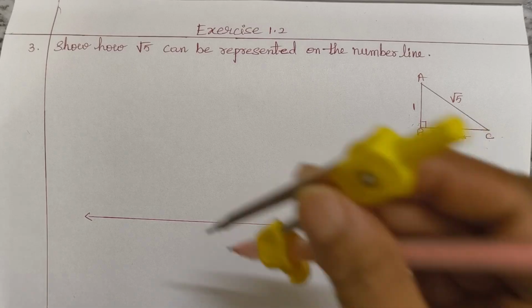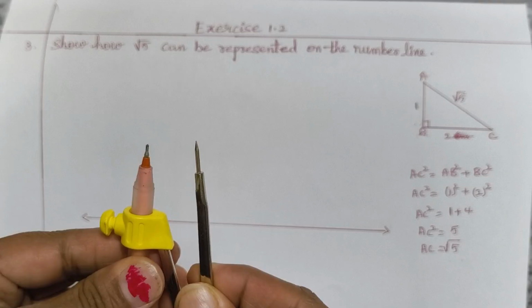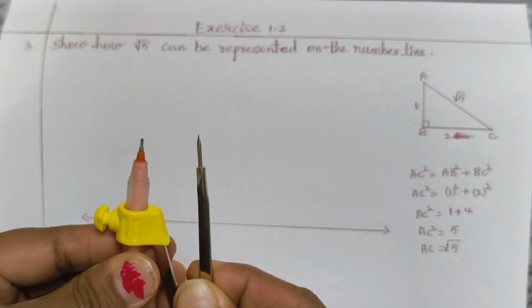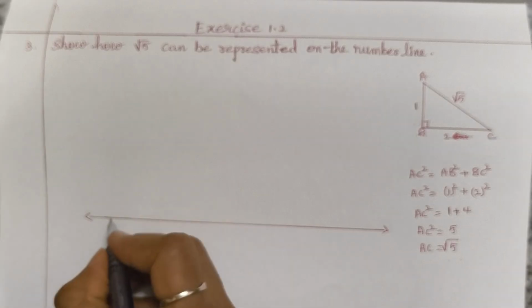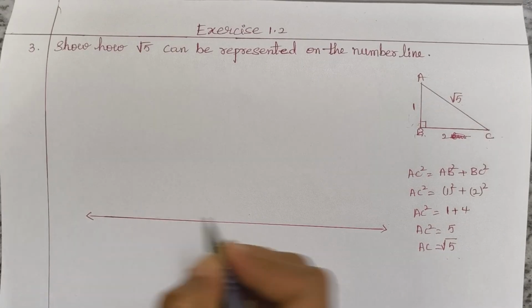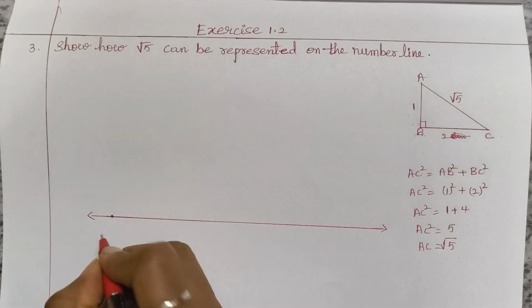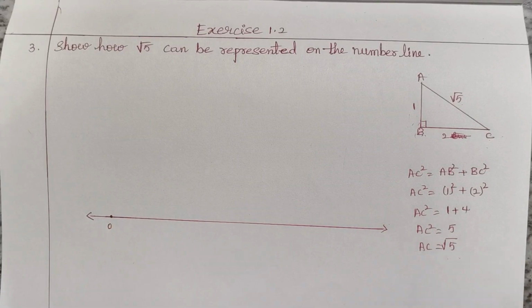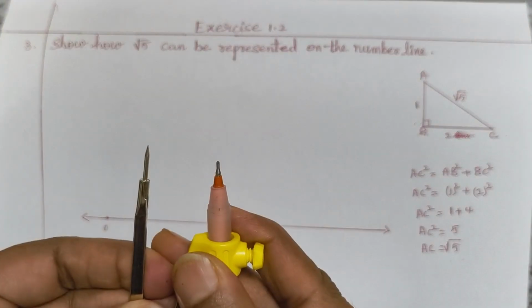Now carefully listen. I am using this much. Now here you keep one dot. I will use red. Here you keep 1 dot. Now you take 0 here.